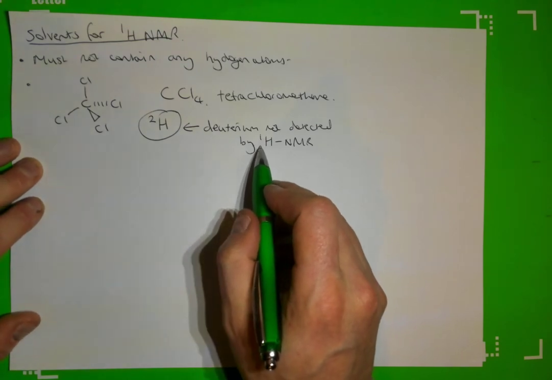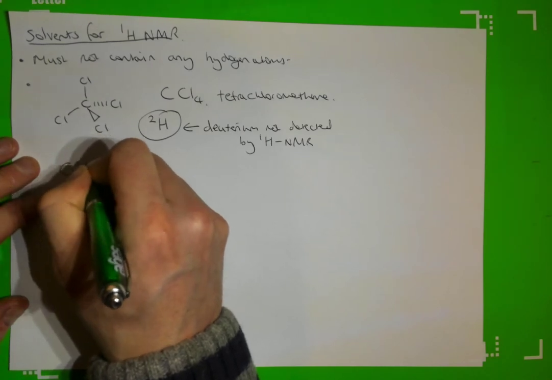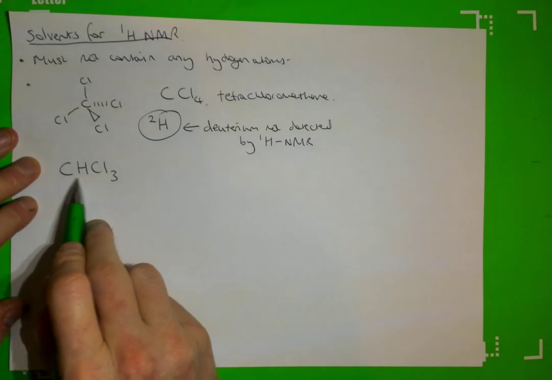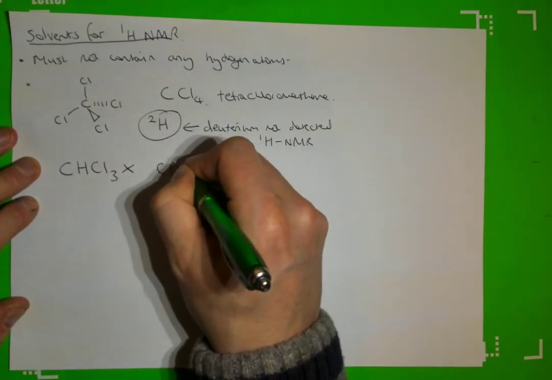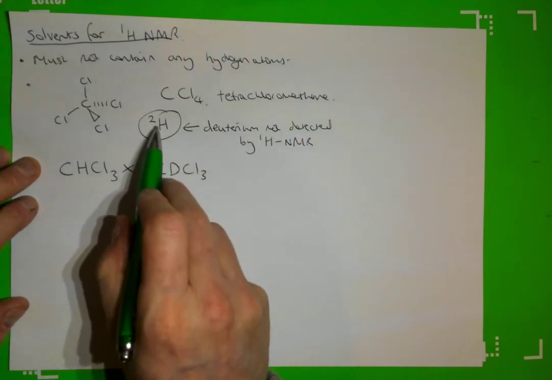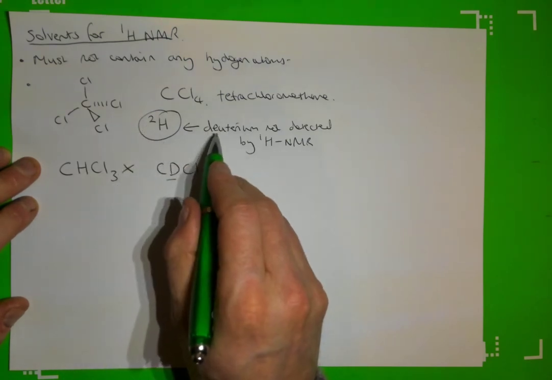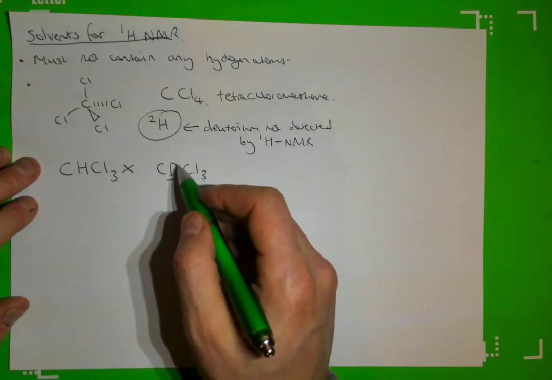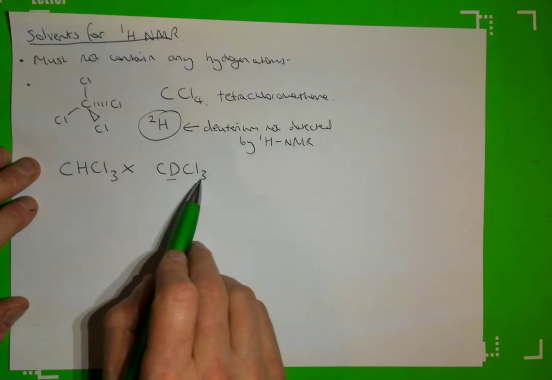So let's say we think that this particular solvent is an excellent solvent for that particular compound. Obviously we couldn't use that, so instead we can use what we call the deuterated version. So instead of writing H like this, we can replace that with a D, which stands for deuterium atom. Okay, so deuterium, remember, doesn't produce a signal in proton NMR. So this one is CDCl3.